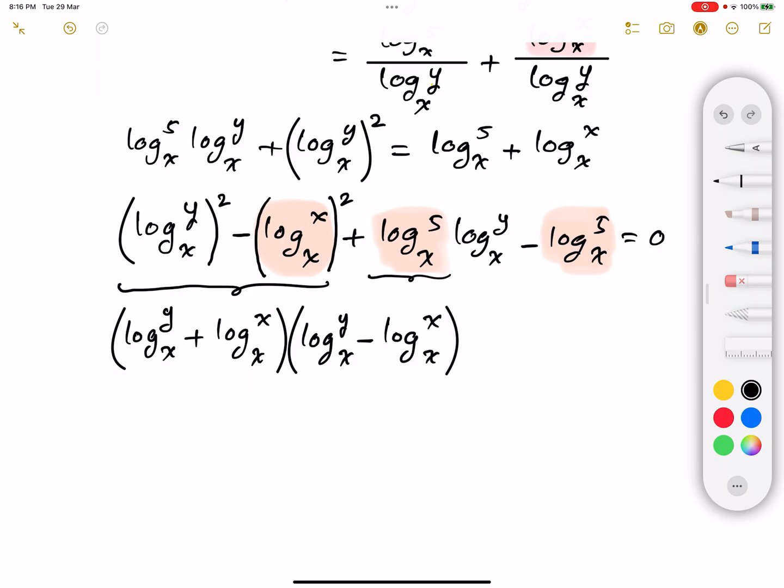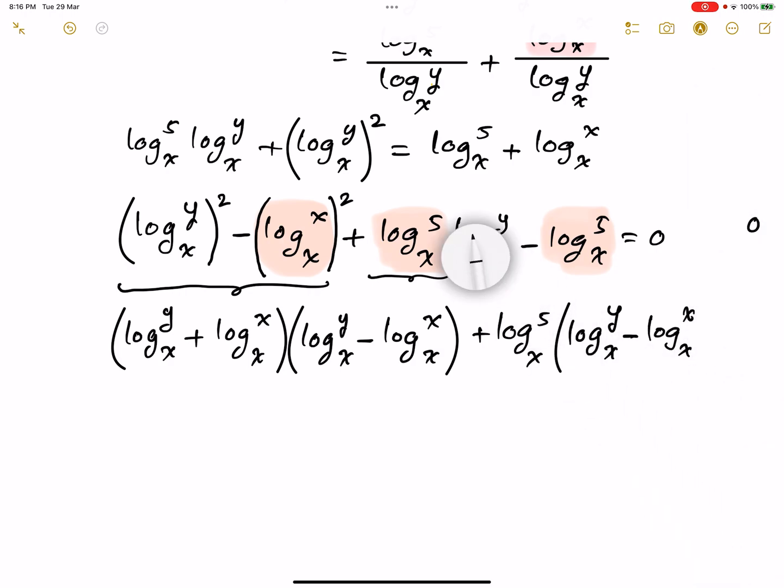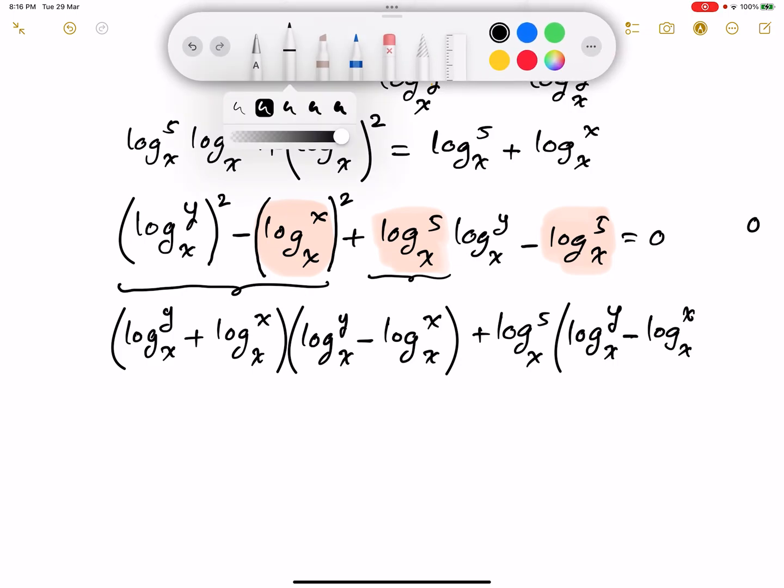And then I can take the logarithm of 5 base x as a common factor. What we're going to be left with is the logarithm of y base x minus 1, which can be rewritten as logarithm of x base x. Let me close the parenthesis, and all of that is going to be equal to 0.